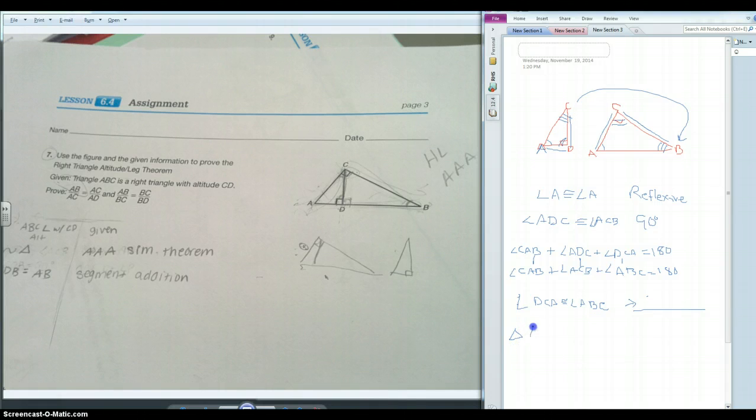Then triangle ADC, I'm going to put the 90 degree in the middle, is similar to triangle ACB. See, the 90 is the C, and that was because of the angle theorem. They all have equal angles.